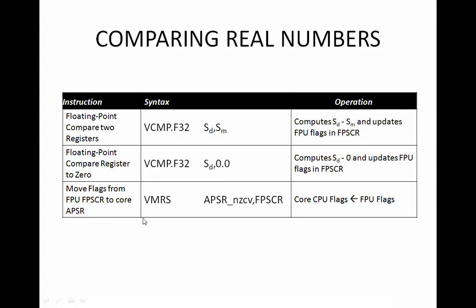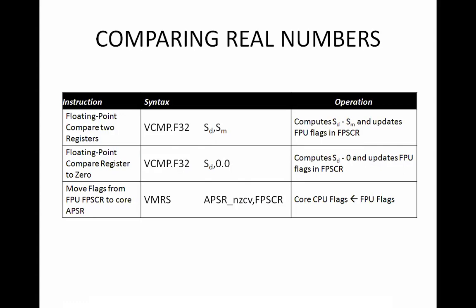Similarly, moving the values to N, Z, C, V is also possible from floating point to the CPU flags. CPU flags are nothing but the ones dealing with the integer part, those regular registers and their status registers.